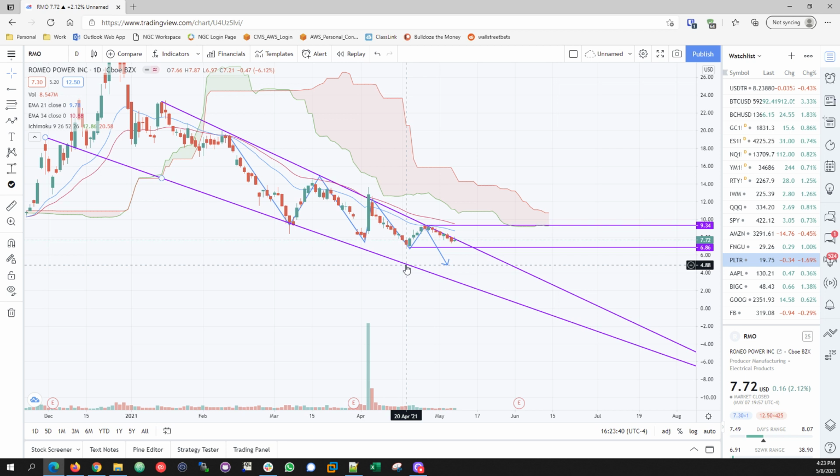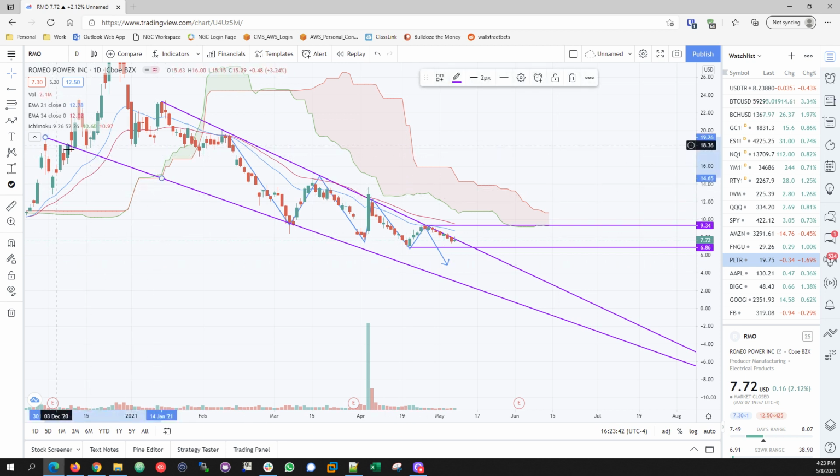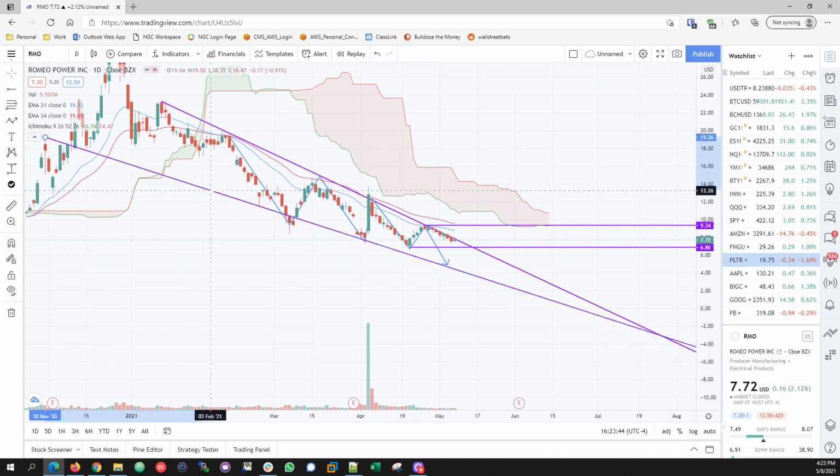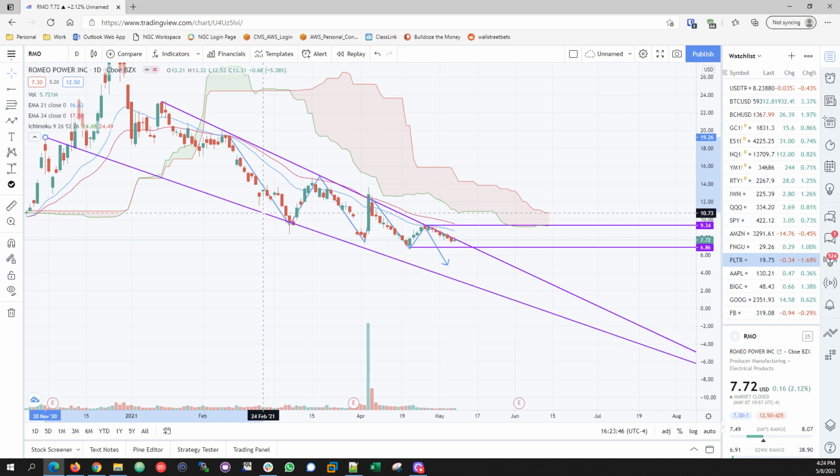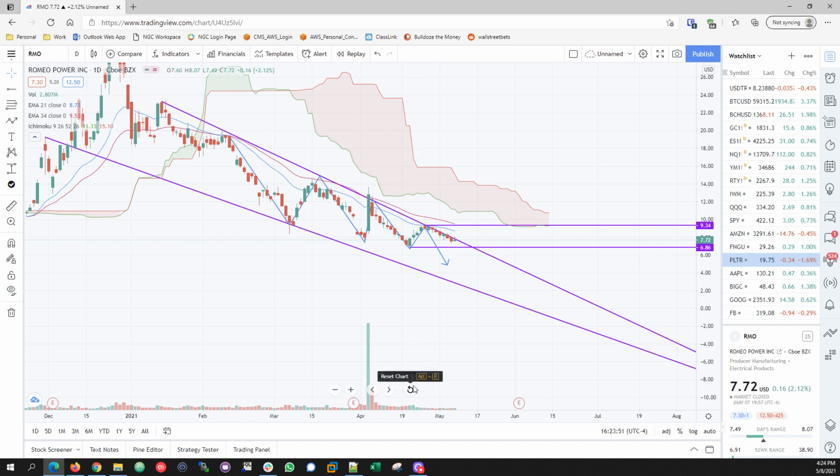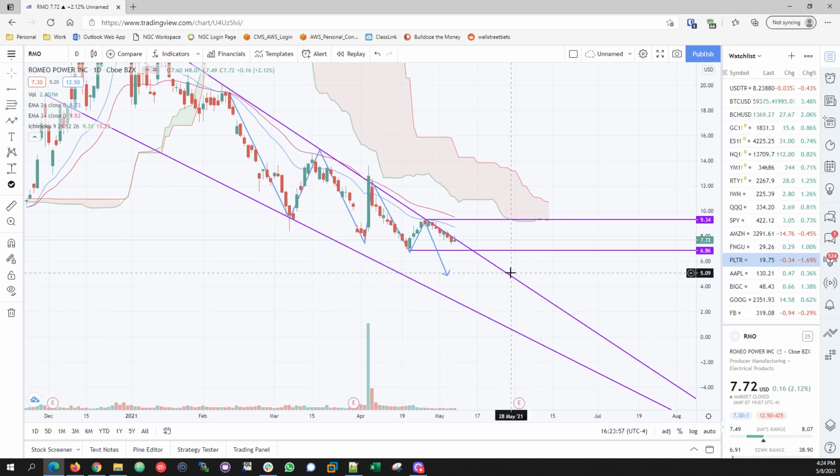I could have made this trend line a little closer term, but I think this is better. So the trend is your friend, and the trend is not your friend in this stock right now.